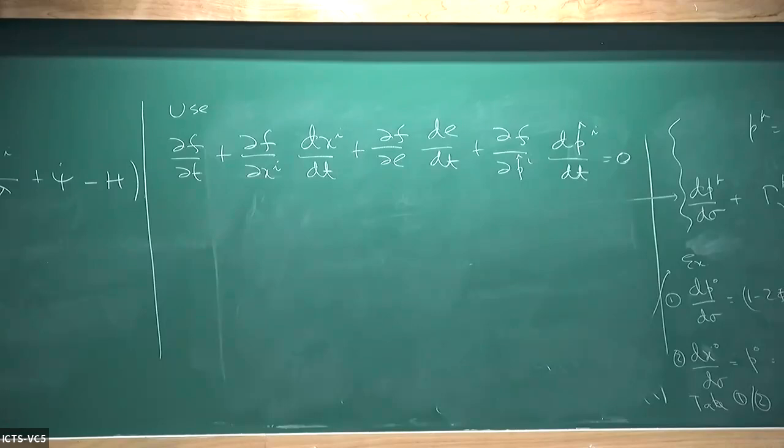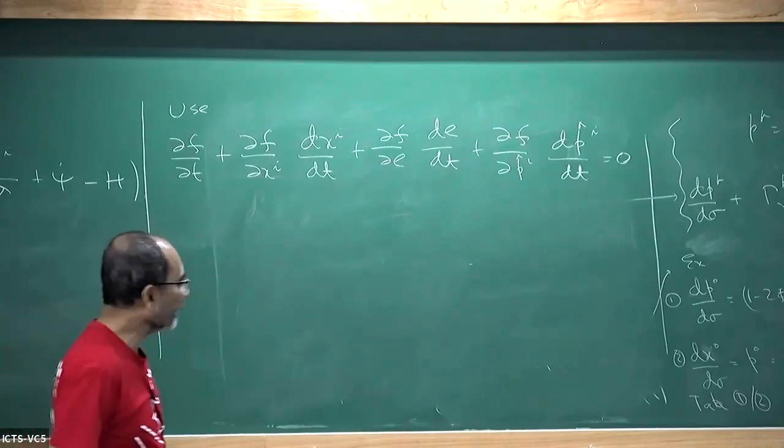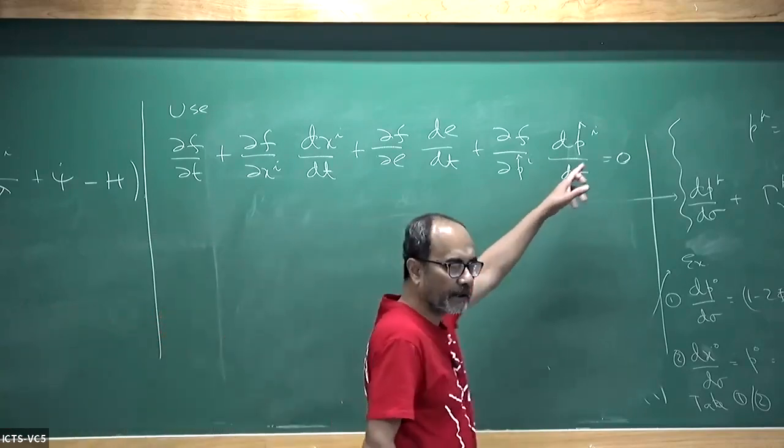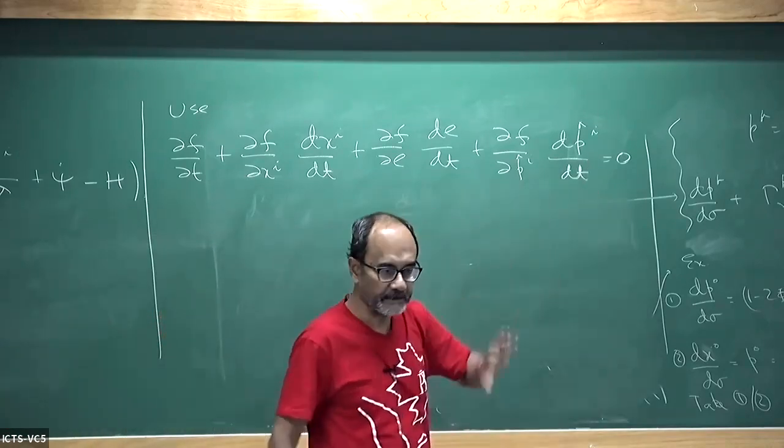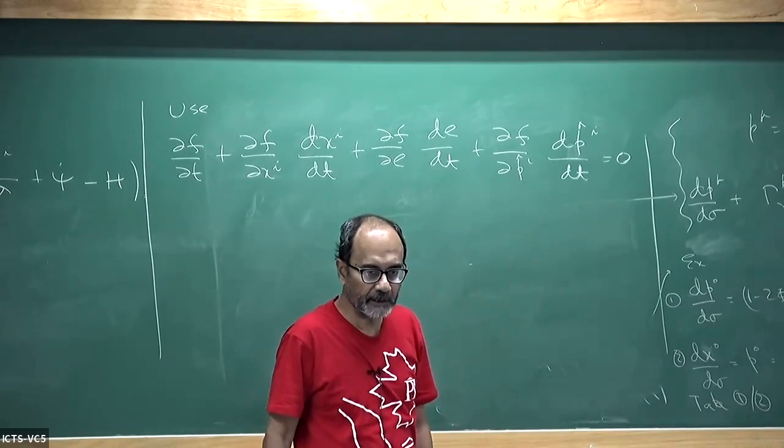We start with x vector and p vector. Why do we need an extra degree? Oh, because mod p we have eliminated. Mod p is not a variable anymore. We have just the p vector. We have traded it for the unit vector along p and e. So we have not changed the number of variables.